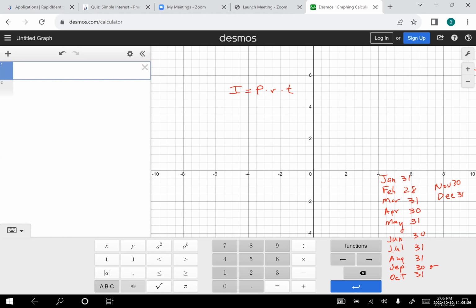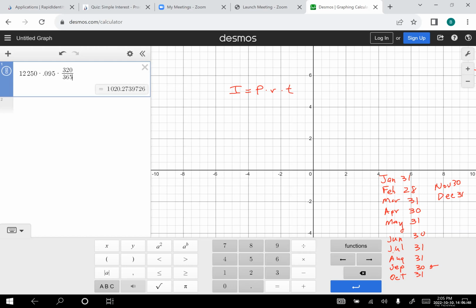Principal times interest rate, 9.5%, so 0.095, times the time. And we are doing it for 320 out of 365.